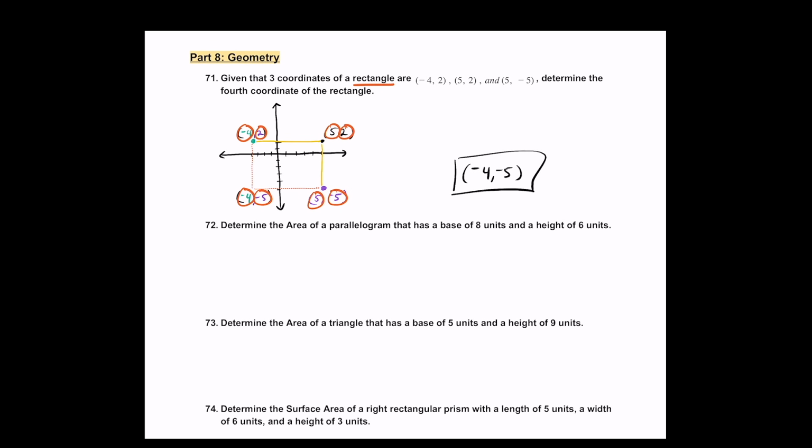Okay. For 72, we are talking about a parallelogram. So you want to remember what a parallelogram is. It's just a 4-sided shape that has 2 pairs of parallel lines. And the formula for the area of parallelograms is the base times the height. So if we know the base here is going to be 8 units, then the area is going to be this 8 units multiplied by whatever the height is.